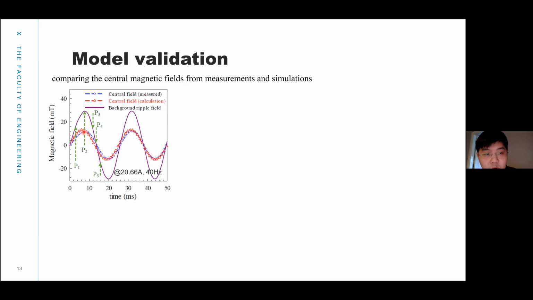And the red curve demonstrates the central field by model calculation. And the blue curve is measured by experiment. We can find a very good agreement between the experiment and simulation.